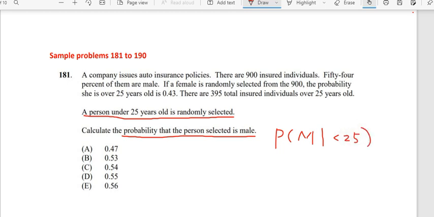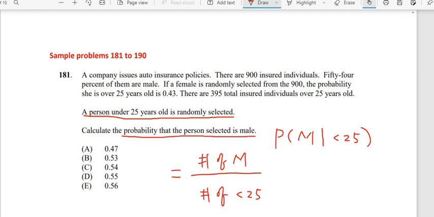For this conditional probability, we need to find the total number of people under 25, then among those people, find how many are male.